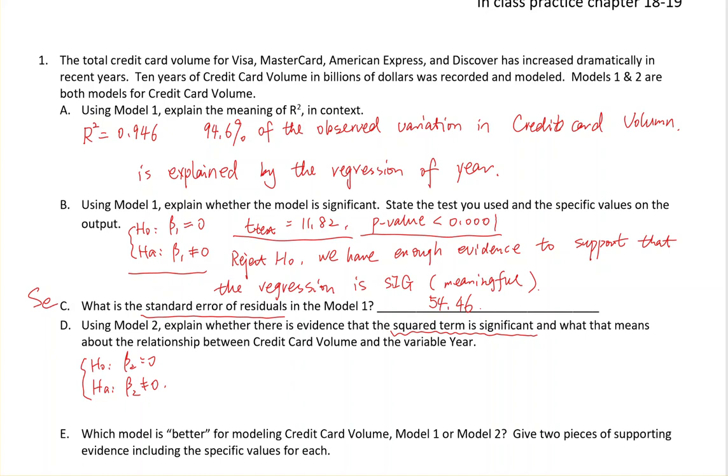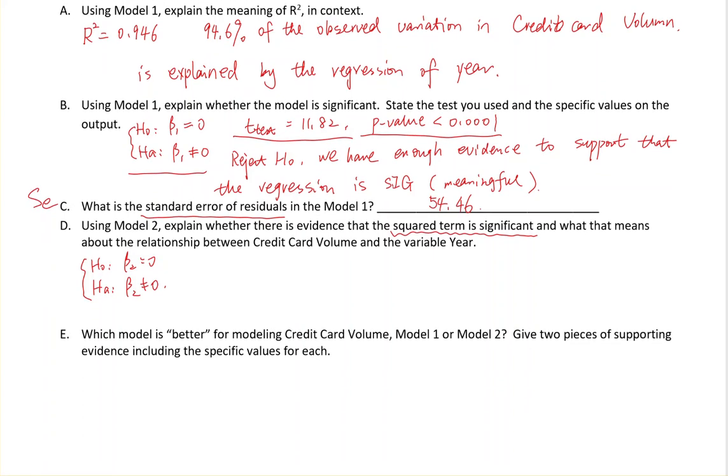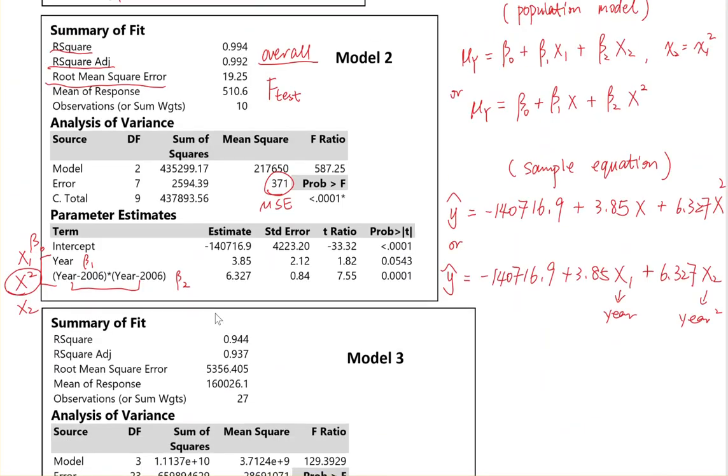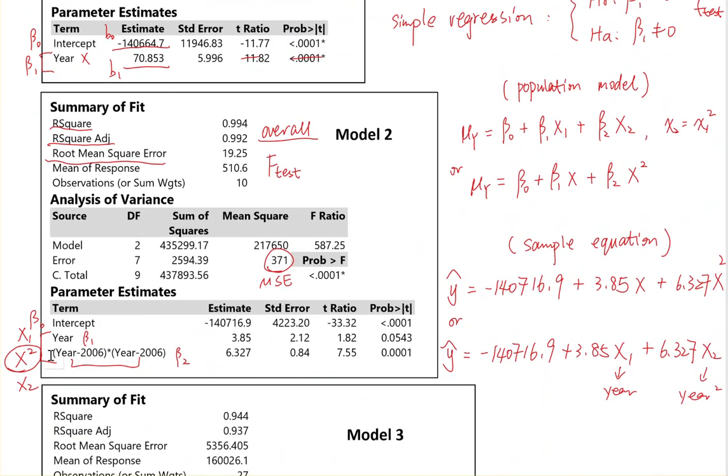We do not want to test about the overall model for now, right? So to test beta 2, you need to focus on beta 2 and find the t-test statistic and p-value for this term, for this variable.